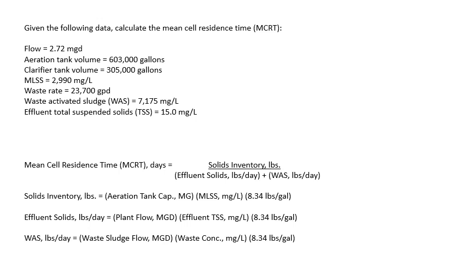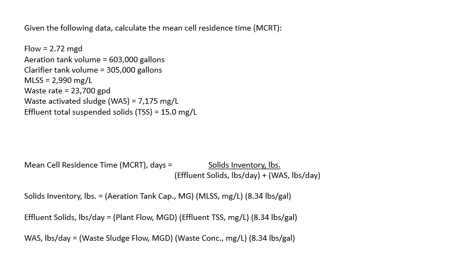We have our solids inventory pounds, aeration tank capacity in million gallons times your MLSS milligrams per liter times 8.34 pounds per gallon. You have your effluent solid pounds per day formula, plant flow in million gallons a day times the effluent TSS milligrams per liter times 8.34 pounds per gallon.